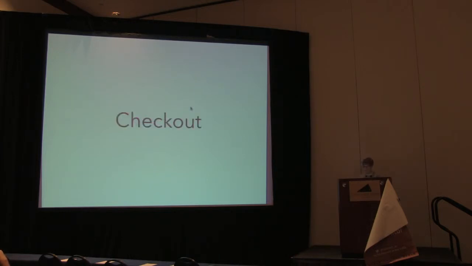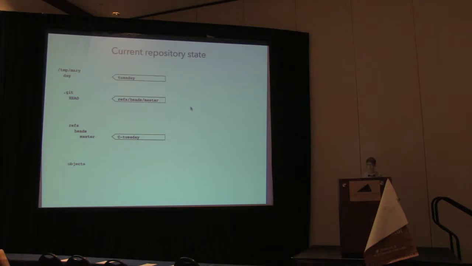Now let's talk about checkout. So this is our current repo state. We've got the day file reads Tuesday, we're on master, and master is pointed at C-Tuesday commit, okay? I run the command git checkout C-Tuesday, which is kind of weird, because normally when you run checkout, you pass in a branch, right? So what the hell's going on?